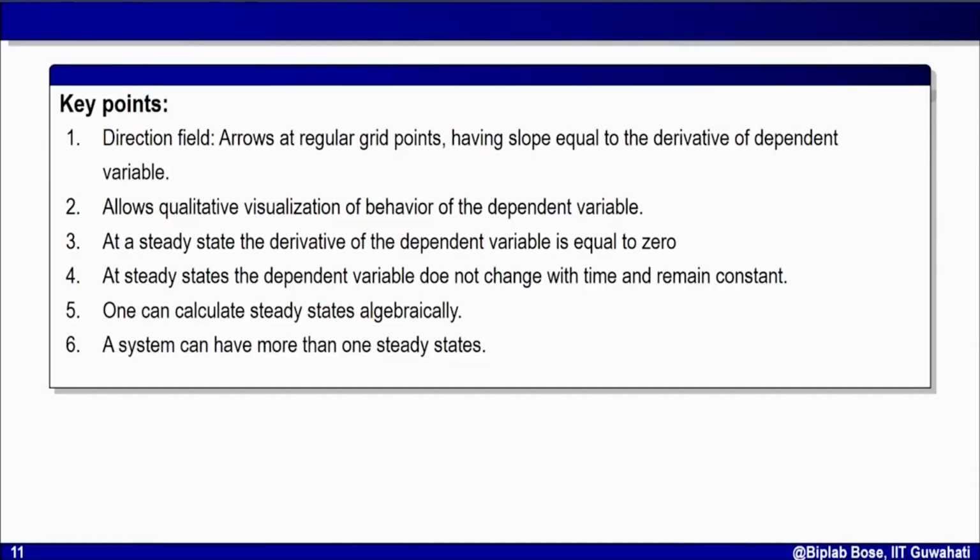So if I jot down the key points, in this video we started with a discussion of the direction field. The direction field is a qualitative way to see how the ODE behaves in the time versus dependent variable space. Suppose you have an ODE involving dependent variable x and independent variable time.